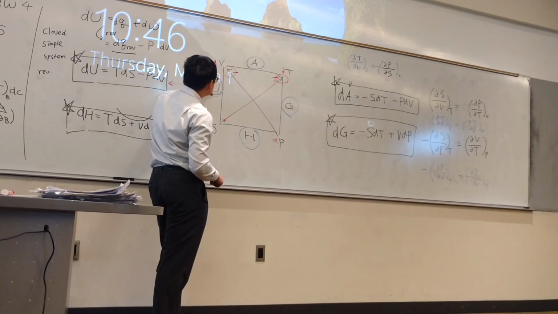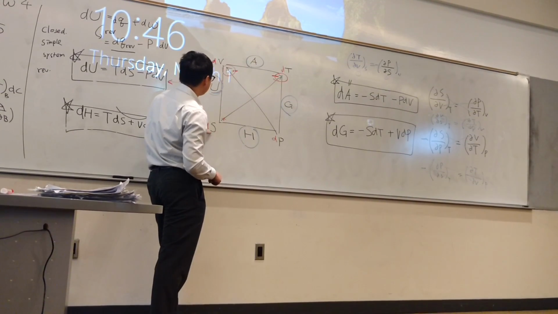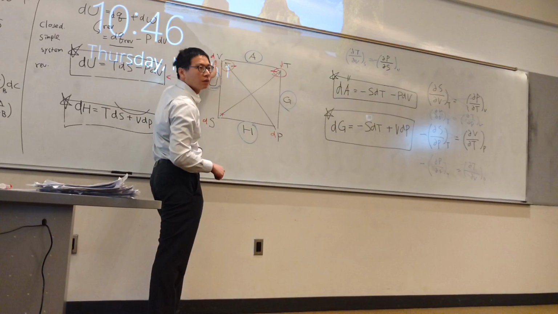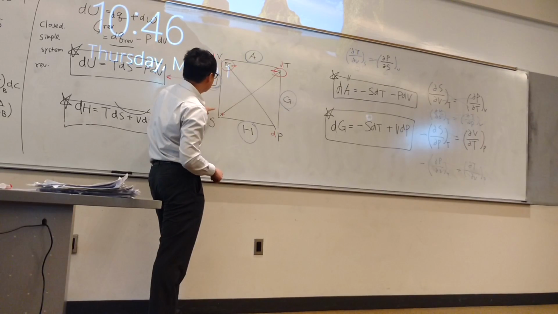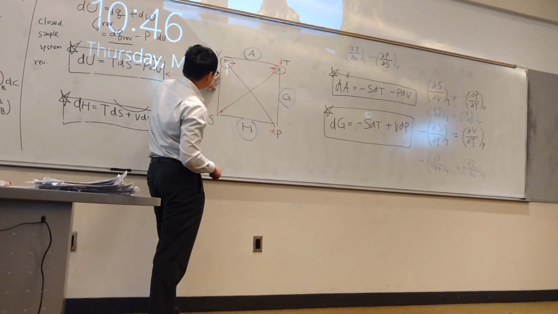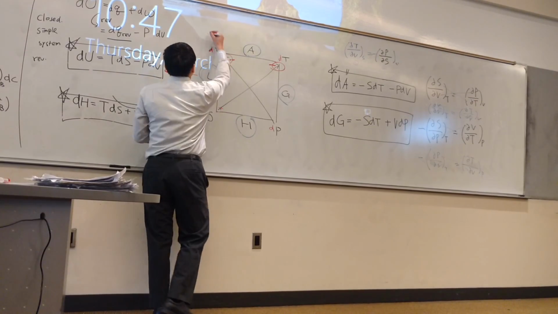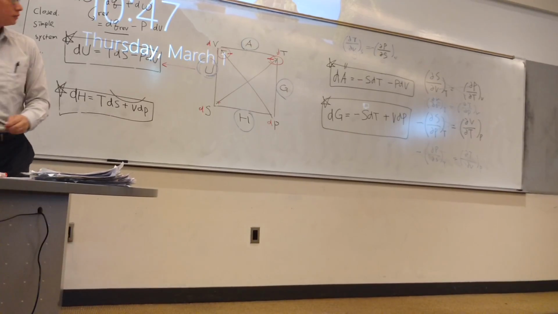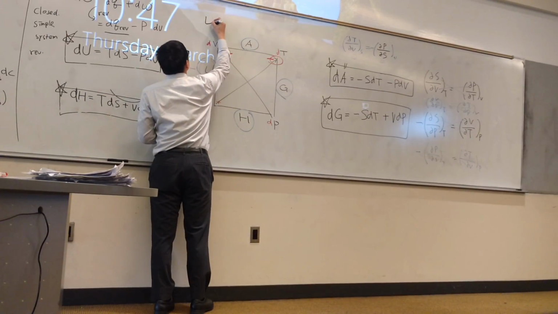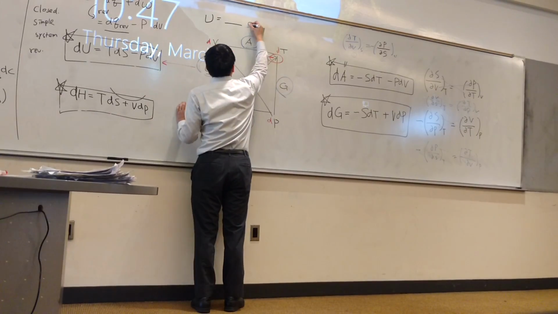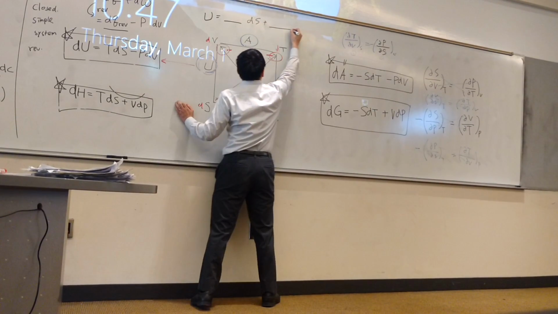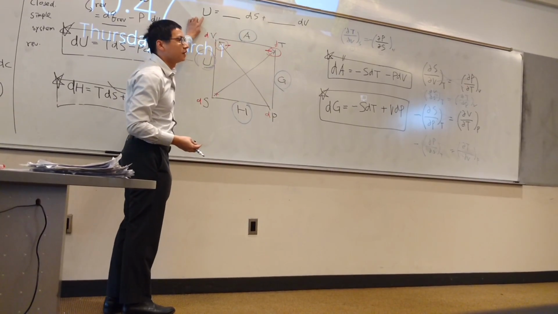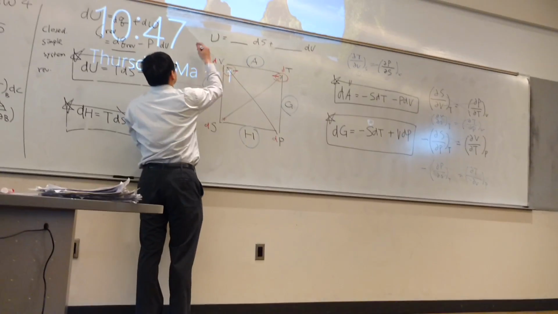U is expressed as a function of S and V, which means U is something dS plus something dV. Once you see this, you should write this down. That's step number one.